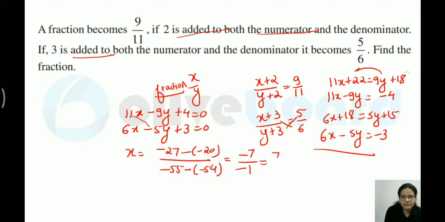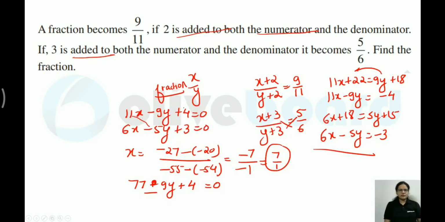So that is nothing but 7 by 1, or 7 would be the x value. You can write 7 over here. 77 minus 9y plus 4 is equal to 0. So you can calculate what value you are getting for y over here. Likewise, you have to simply calculate the values of x and y, that will give you the fraction. I'm not completely solving it. You can try the question on your own.